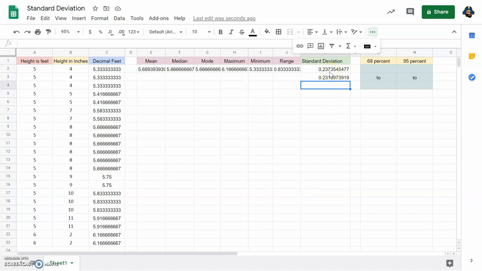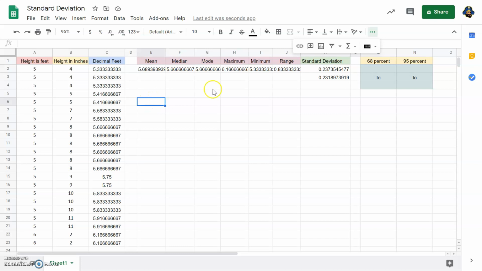So now we want to ask the question, does this data have a normal distribution? If we graph it, is it going to have most of the data concentrated around the mean with it spread out evenly or symmetrically above and below the mean?